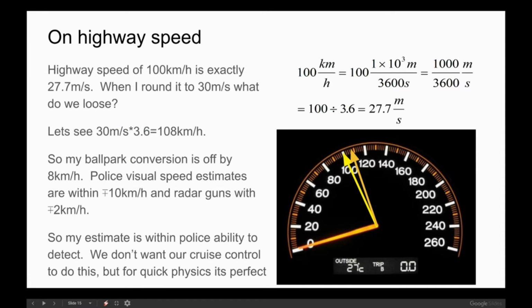Police, on the other hand, if they do not have a radar gun and they've stopped you by visual conditions, he was speeding, I flagged him over, he was going at least 120. The courts put a visual estimate of your speed from a policeman on the ground as plus or minus 10 kilometers an hour. So if the cop said, hey, he was speeding, he was doing 108, the judge would say, no, 108 plus or minus 10, he's not getting ticketed.